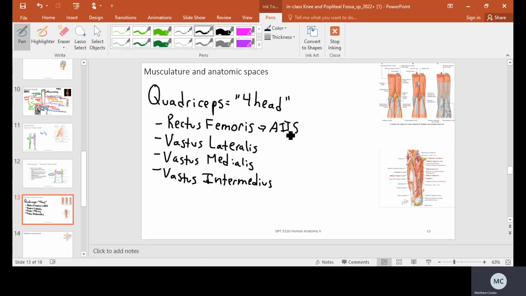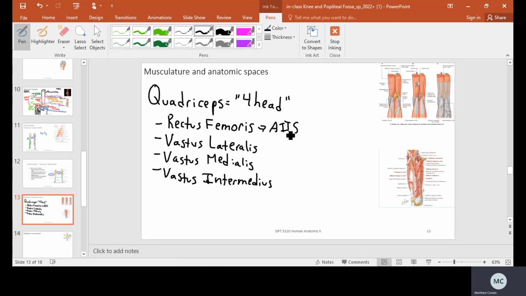Rectus femoris is not one of them. Because I tell you, for testing purposes, expect to see something that says, hey, your patient had an avulsion fracture at the ASIS. Which of the following muscles would be involved? And I guarantee you rectus femoris is going to be in that distractor list. Okay? And I'm not telling you what's on the test, because I honestly don't remember what I put on the test. But you could probably see that as being a potential test question.